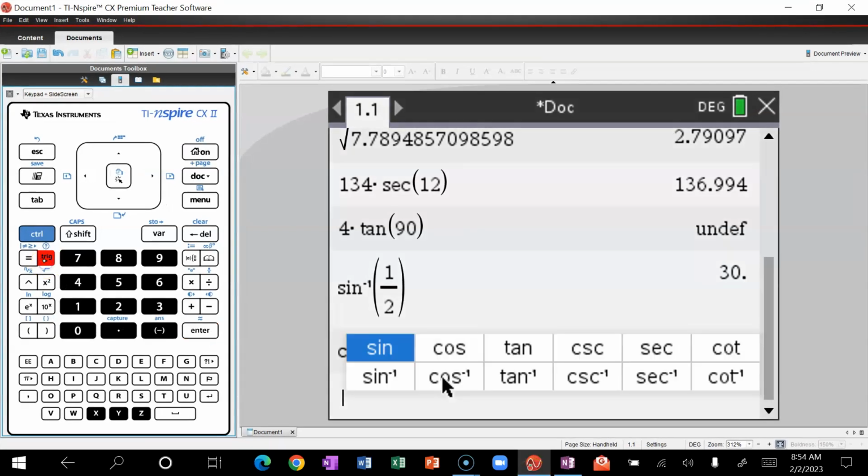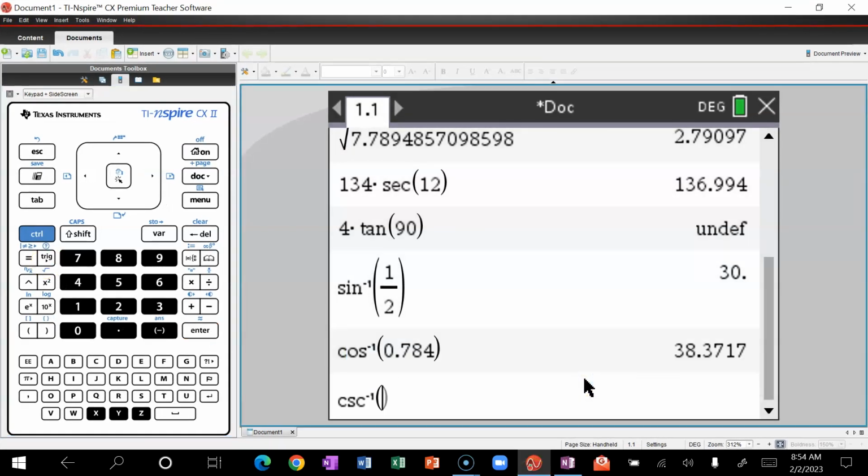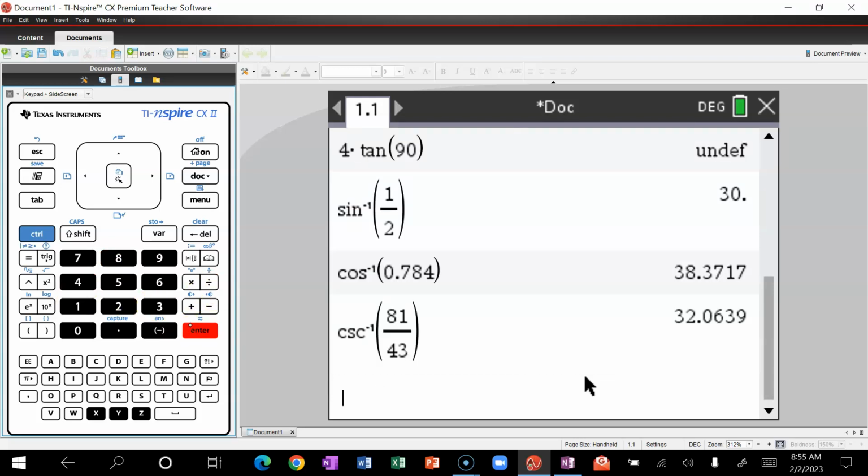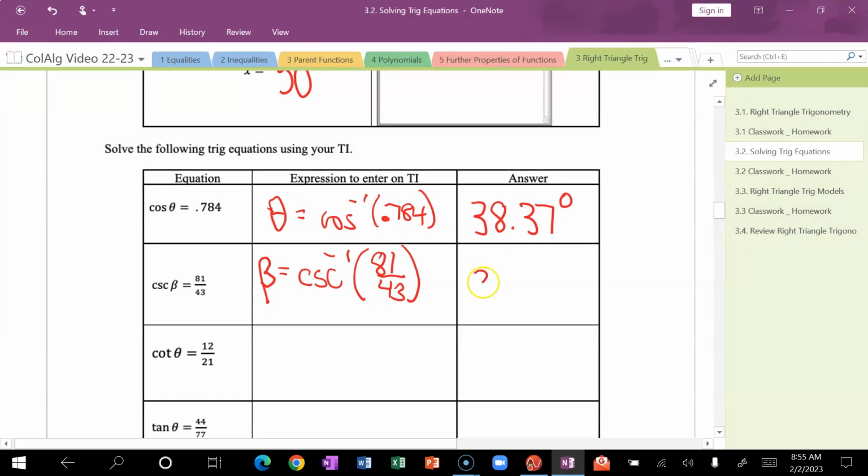So the inverse cosecant of 81 divided by 43 is 32.06. So 32.06 degrees.